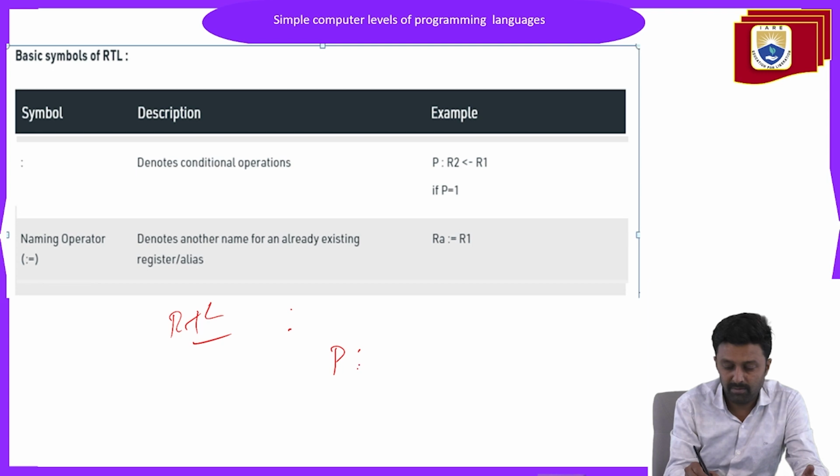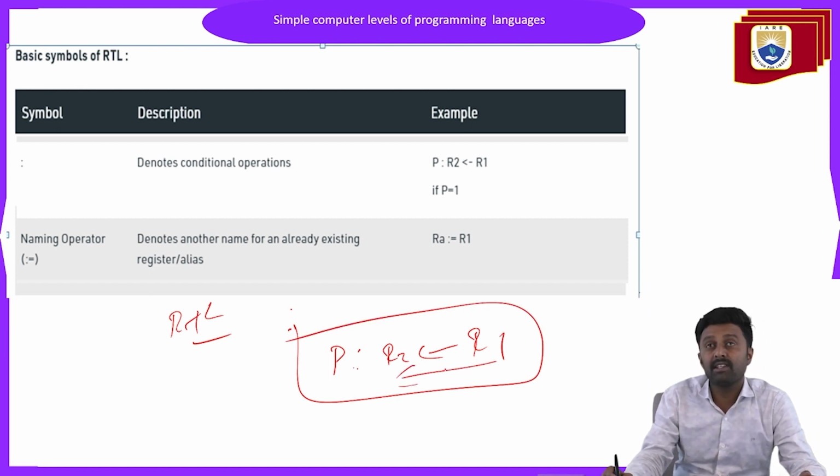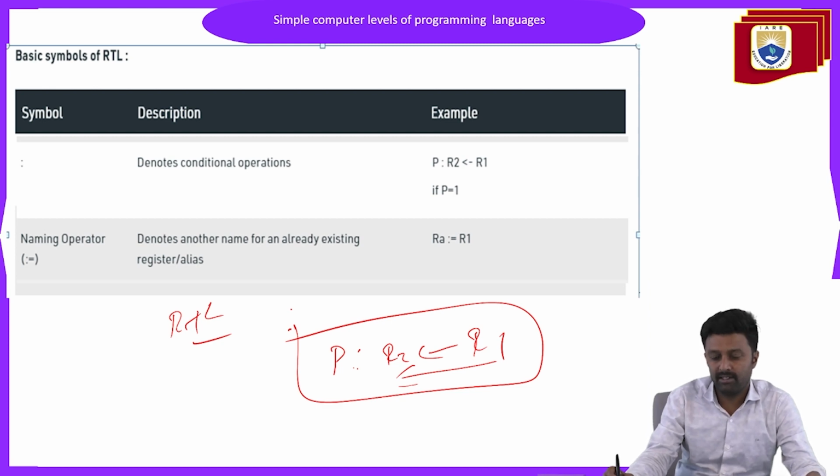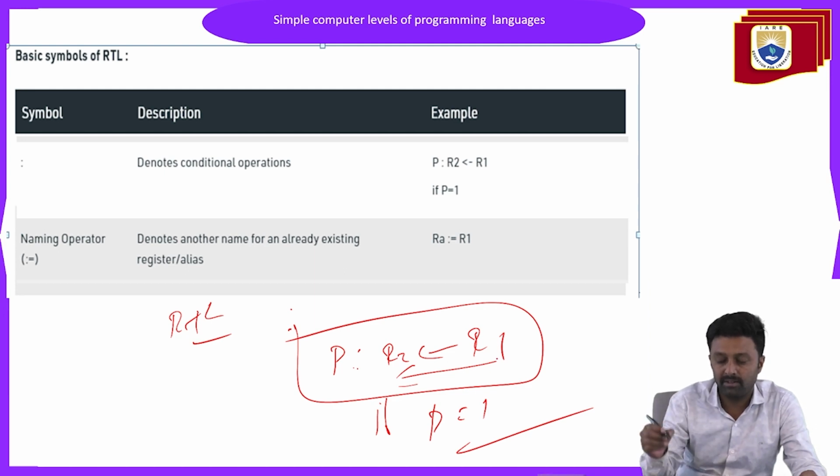If I write P colon, what will this instruction do? This notation is used to transfer the content between the registers with a condition. So if P equals 1, then only the content of the register R1, that is the information present in R1, is moved to R2.